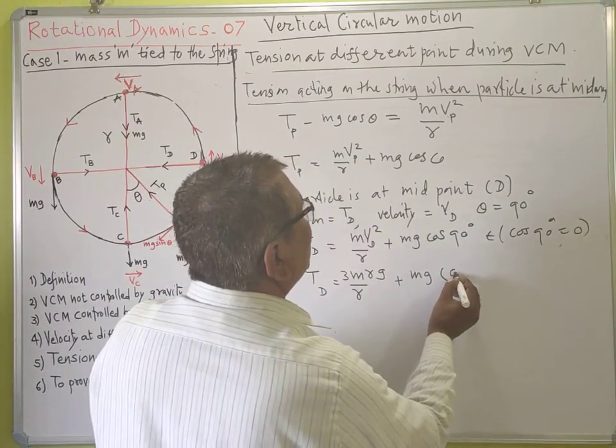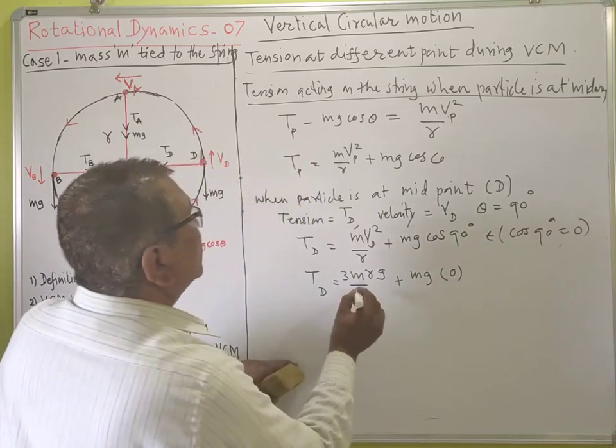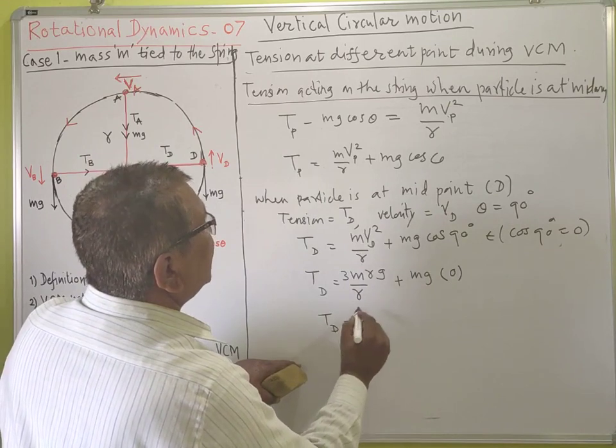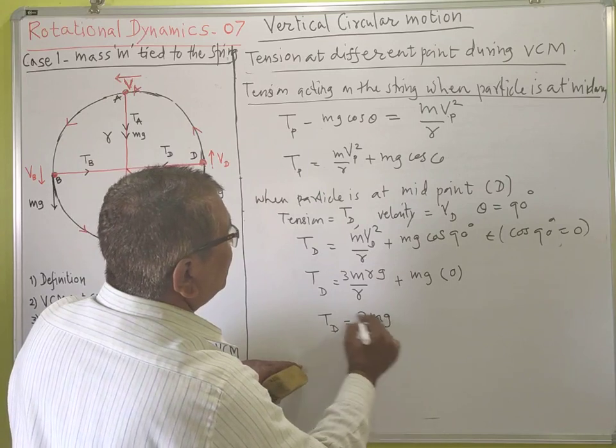So mg into 0 gives 0. This r will cancel with this r, and the tension acting on the string Td is equal to 3 mg.